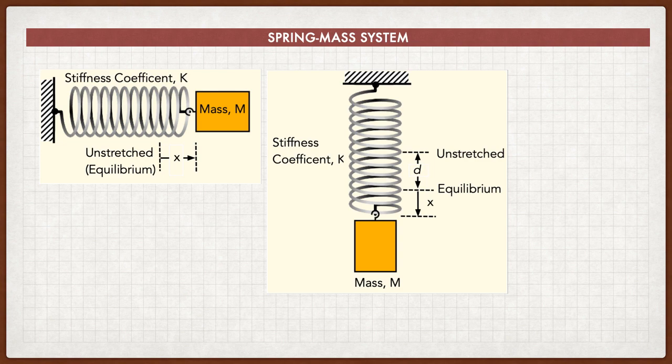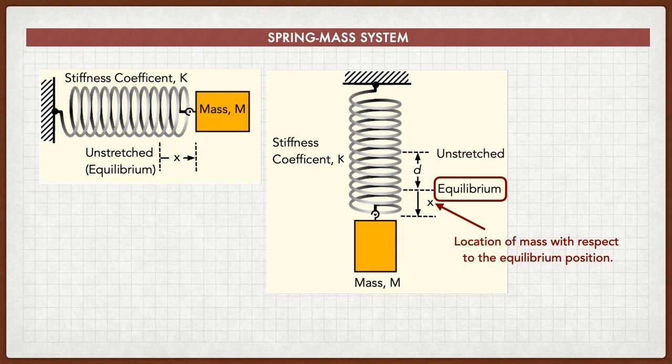The unstretched and equilibrium positions are no longer the same. Now, let X represent the location of the mass with respect to the equilibrium position, not the unstretched position. The stretch in the spring is the sum of D, the equilibrium stretch, and X.